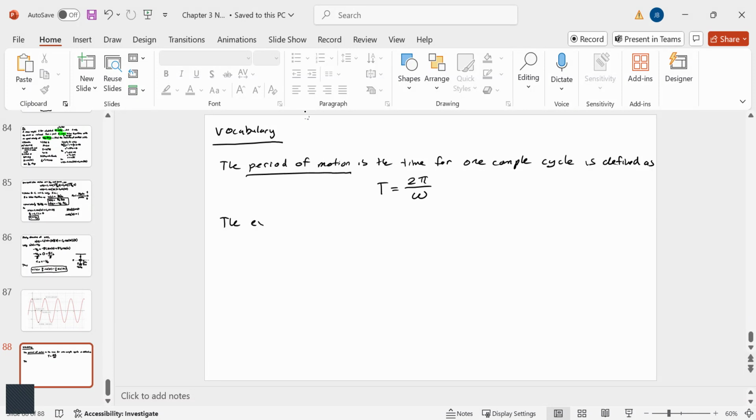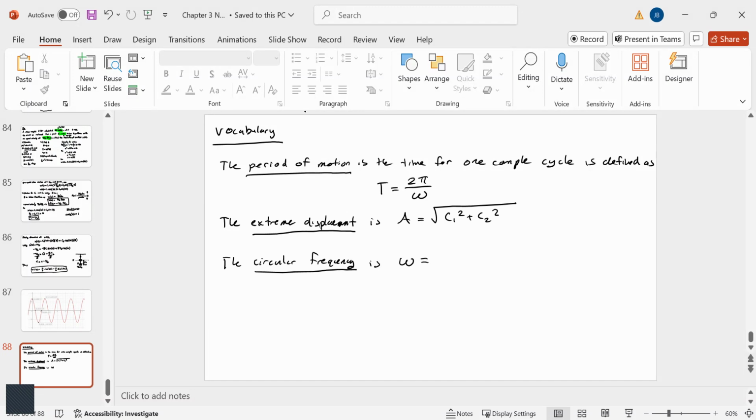The extreme displacement is going to be essentially kind of like the amplitude, A equal to the square root of C1 squared plus C2 squared. The circular frequency is omega equal to the square root of k over m.